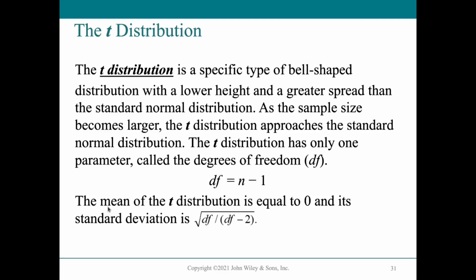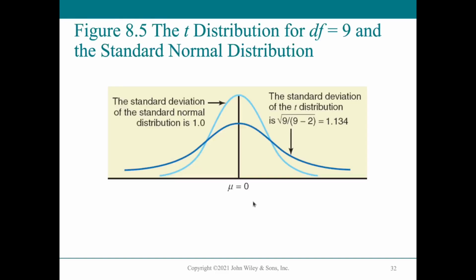The mean of the t distribution is equal to 0, and its standard deviation is the square root of the degrees of freedom divided by the degrees of freedom minus 2. So here is a comparison of the t distribution and the standard normal distribution. As you can see, the t distribution is generally flatter and has a wider spread, and this is our normal distribution.